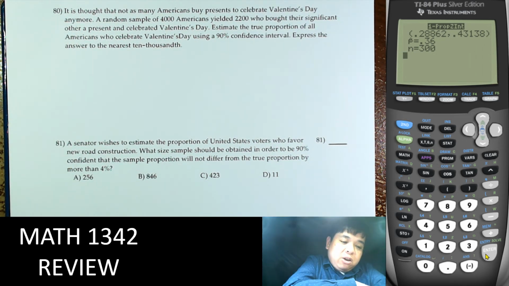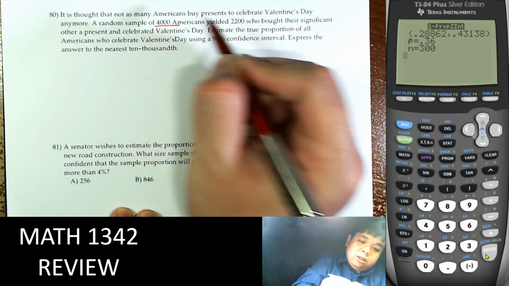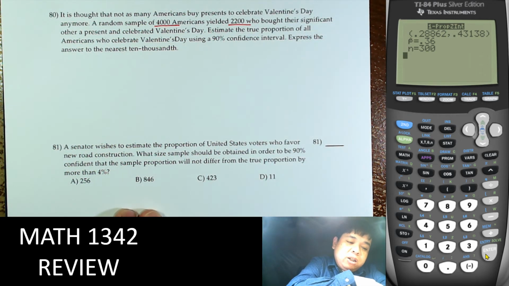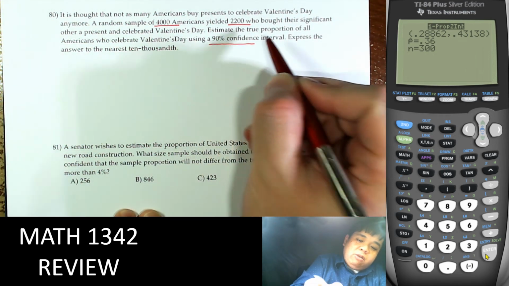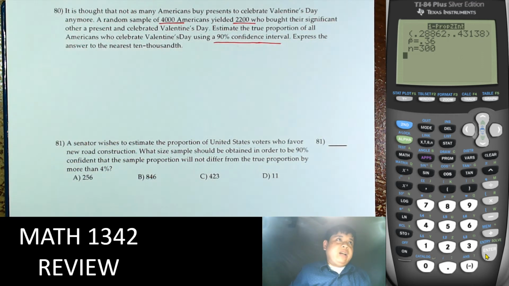Next, it is thought that not as many Americans buy presents to celebrate Valentine's Day. Right, so the sample is 4,000, and 2,200 of them bought their significant other a present. And then we want a 90% confidence interval. So pretty much n, x, and then 90% confident.